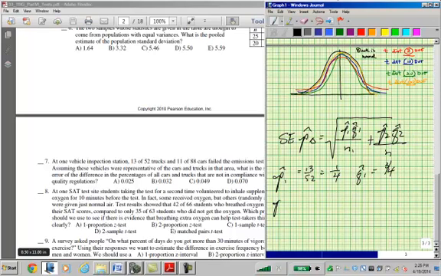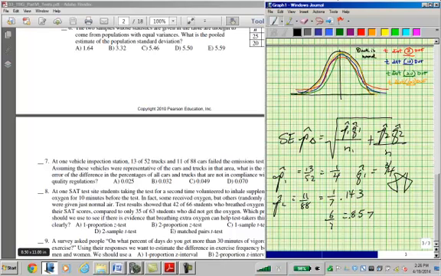And then p hat sub 2 is 11 out of 88, which is 1/7, which is 0.1428, so let's call it 0.143. And 6/7 equals 0.857.